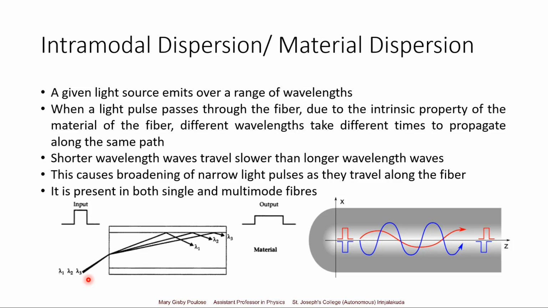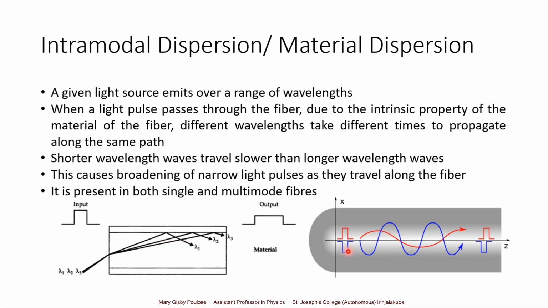So if we have a light source of lambda 1, lambda 2, lambda 3 width in wavelength, or let us take if we have a white light source, it has many wavelength components in it, right? So as it enters the optical fiber, it will separate into different wavelengths, and each wavelength will travel with different velocities.